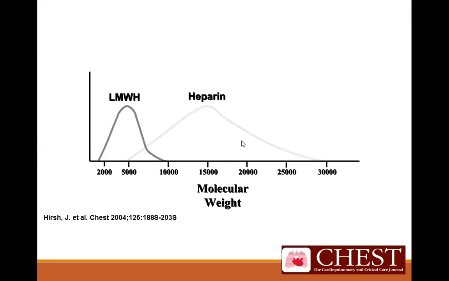Here you can see in this picture the action of low molecular weight heparin and unfractionated normal heparin. Below you can see the molecular weights: 2000, 5000, 10,000, 15,000, 20,000, 25,000, and 30,000.